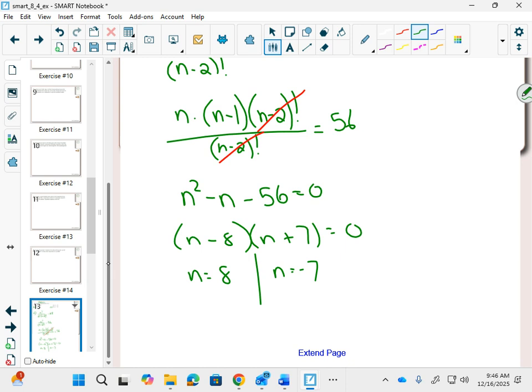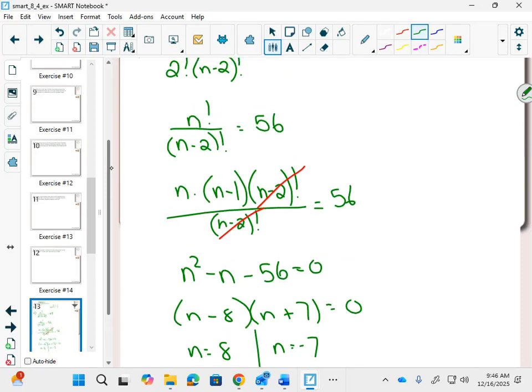But in permutations and combinations questions, when you're solving with factorials, factorials only make sense for positive whole numbers and 0, but not negative numbers. So if I plugged in -7 here, -7 is wrong because I would have -7 factorial.